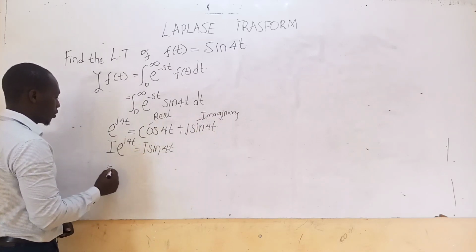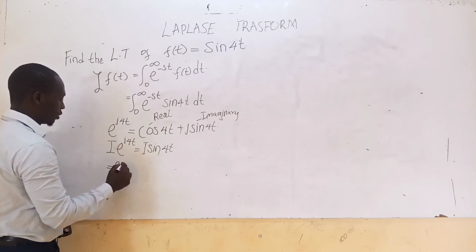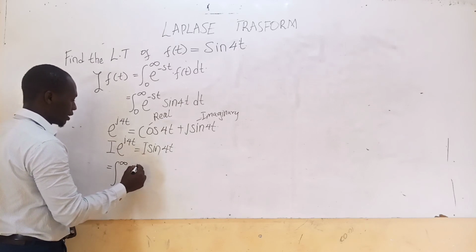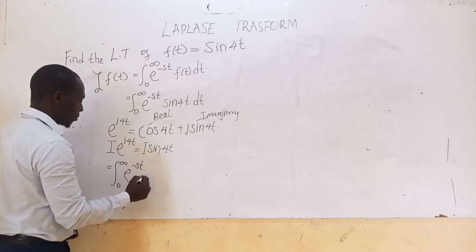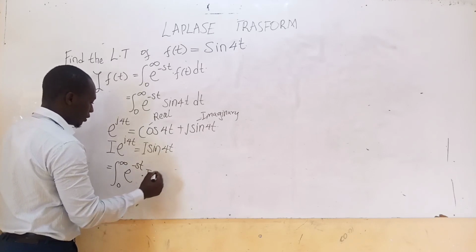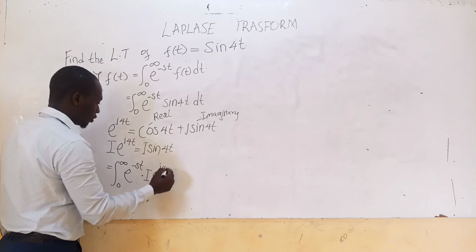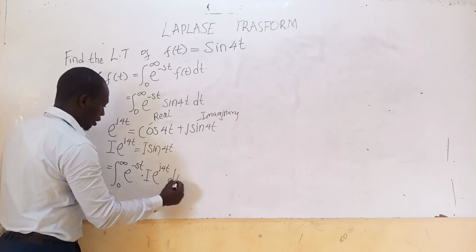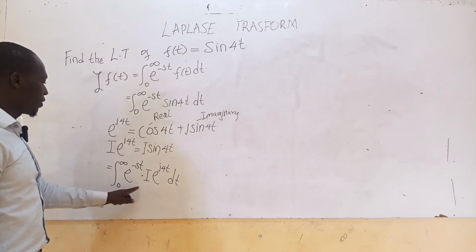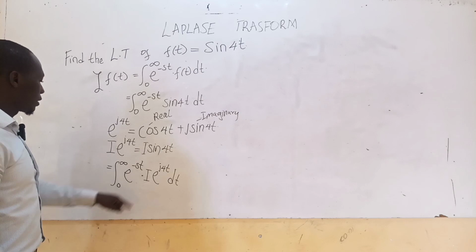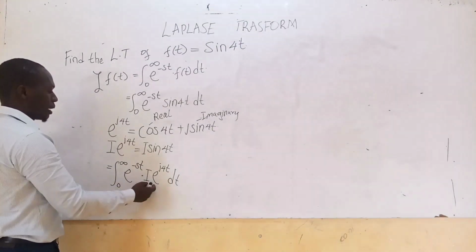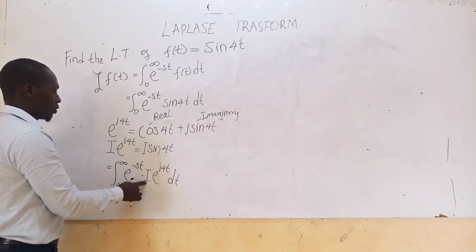By doing that, we have our integral with respect to our limits of exponential negative st multiplied by I exponential j a t, and our integration is with respect to dt. Now we factor out I, since it is not a term of t, so it is a constant.